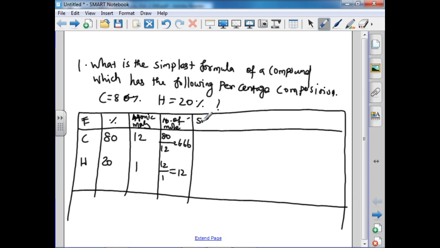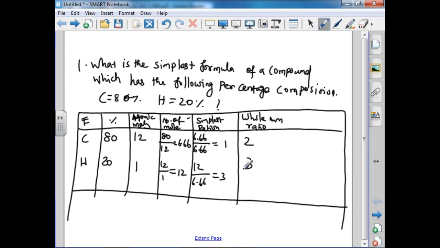Next, simplest ratio. What is the simplest ratio? We divide both terms by the least number of moles. So 6.66 divided by 6.66 equals 1. 20 divided by 6.66 equals 3. So the whole number ratio is 1 and 3.